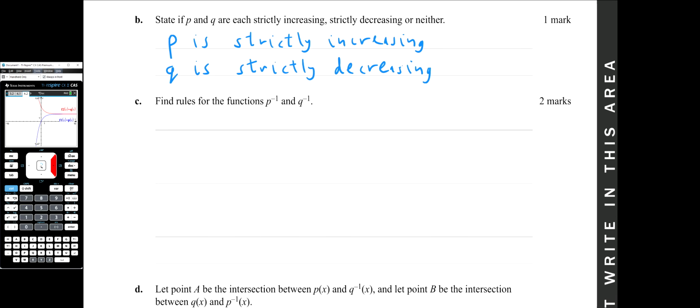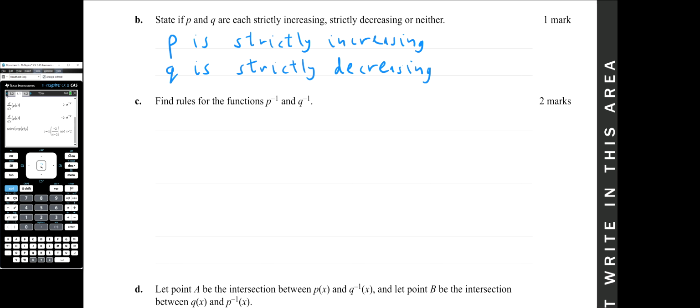So, part C. Find the rules for the functions p inverse and q inverse. Okay, so this one we can actually just use our calculator quickly to get this one done. So we're going to go menu 3.1, solve x equals p of y with respect to y, and we end up with this.